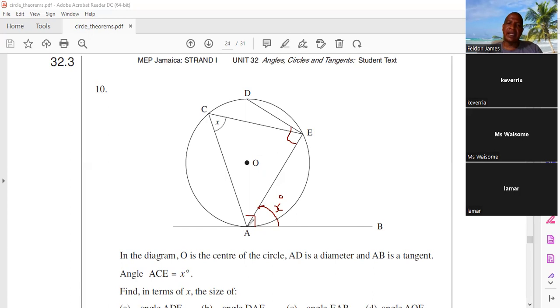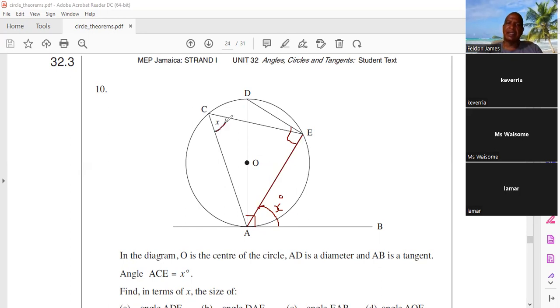All right, so if you take the line from A to D, these angles, the angle at D and C, they are in the same segment. You agree, guys?